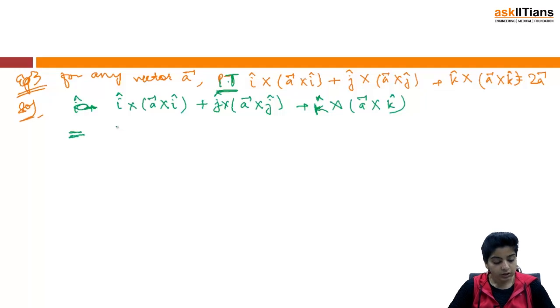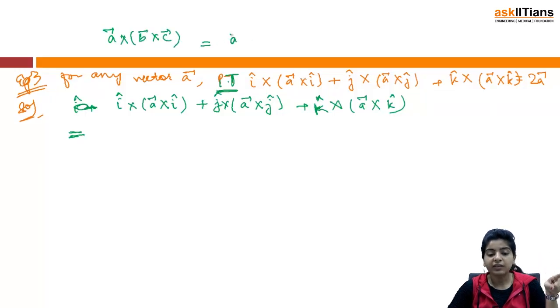So this is equal to, now if you remember, A cross B cross C, the vector triple product, can also be written as A dot C into B minus A dot B into C. So we'll be utilizing this formula here basically.